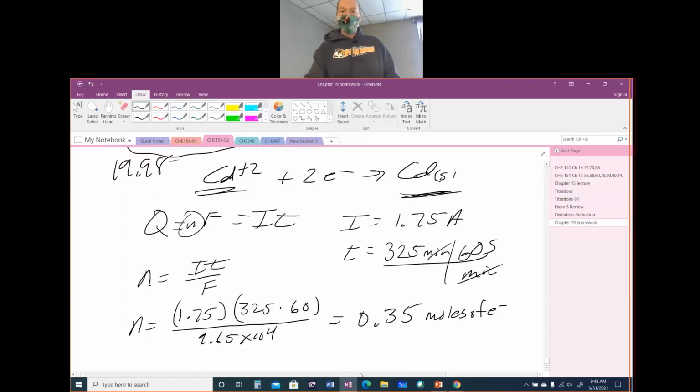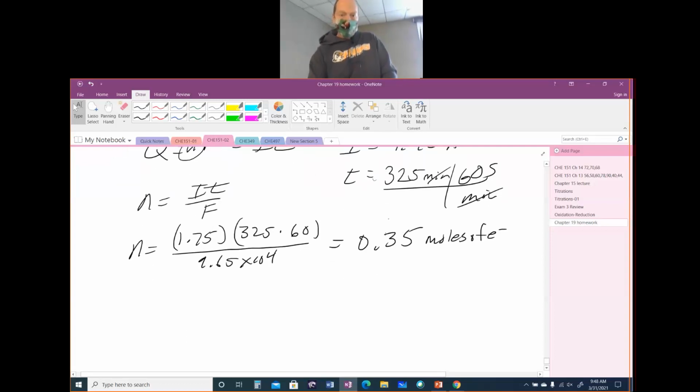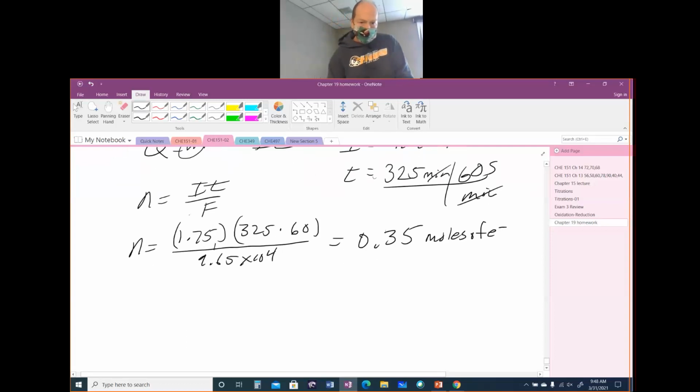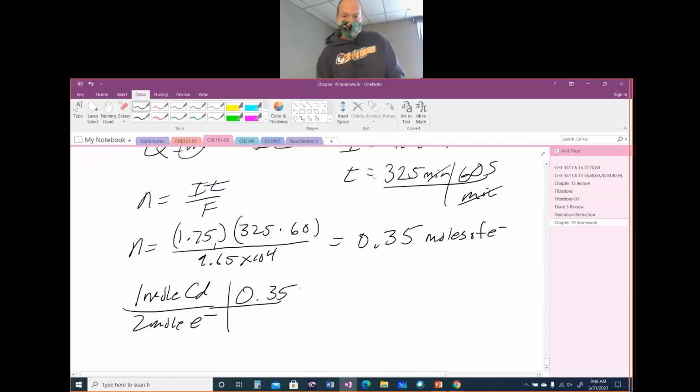So now you have your balanced reaction, your half reaction, and you see that you have 1 mole of cadmium for every 2 moles of electrons. And we have 0.35 moles of electrons. So now we have moles of cadmium.